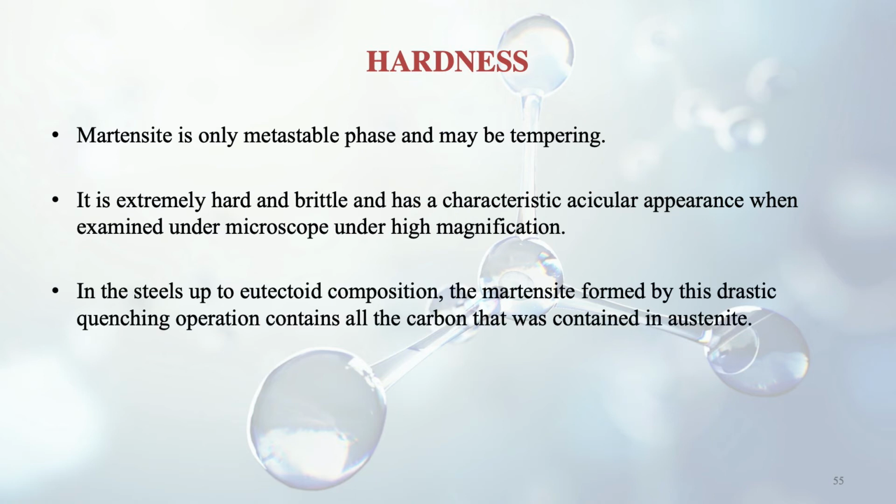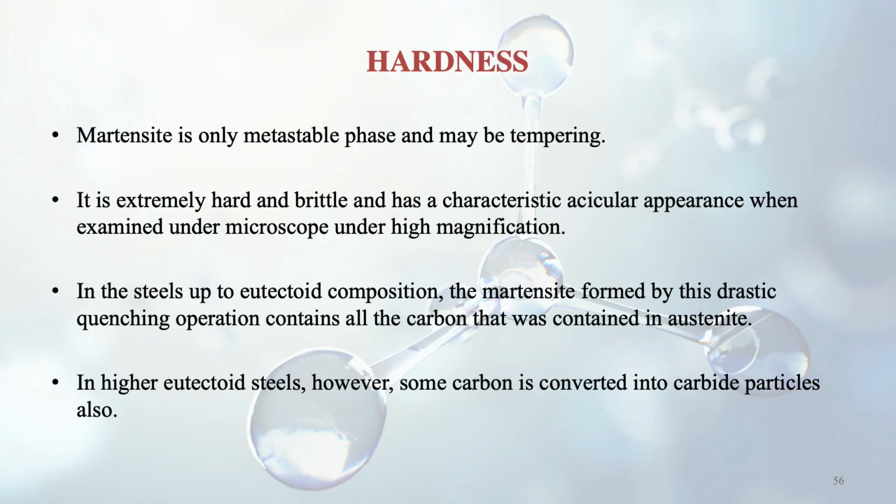In steel sub-eutectoid composition, the martensite formed by this drastic quenching operation contains all the carbon that was contained in austenite. So if the cooling rate is very high, the carbon that was there in the austenite is still there in the martensite phase also. In higher eutectoid steels, however, some carbon is converted into carbide particles also. So that's the difference.